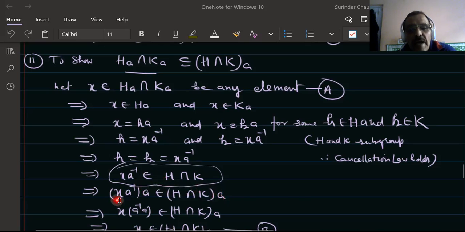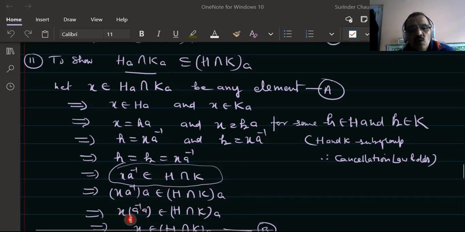Therefore, X inverse A belongs to the right coset of H intersection K. Okay? Associativity holds, because H intersection K is a subgroup. So X inverse A can be written as X inverse A is equal to E.